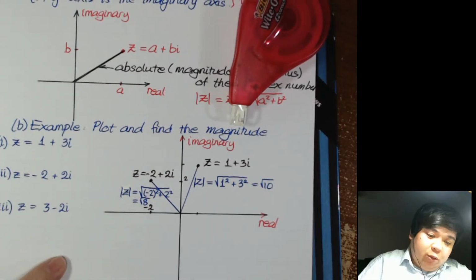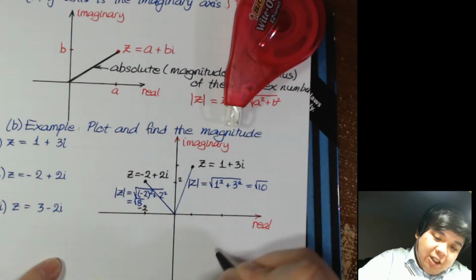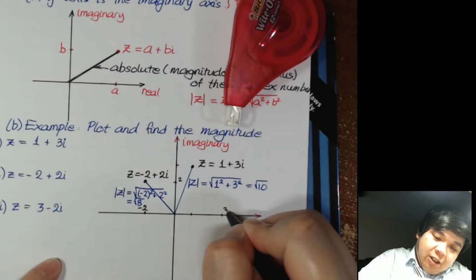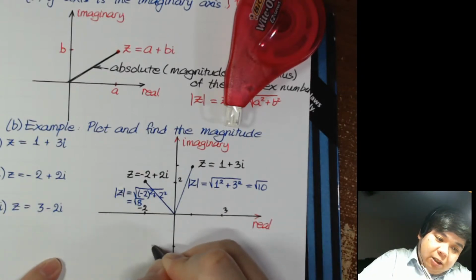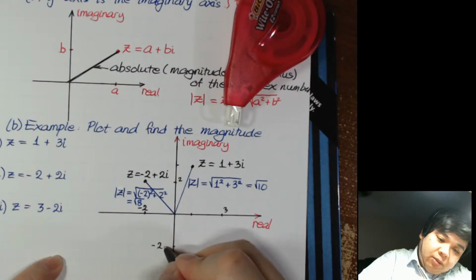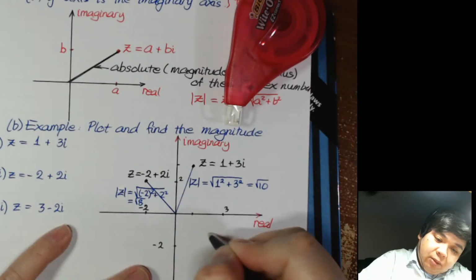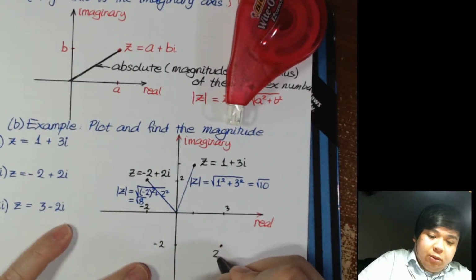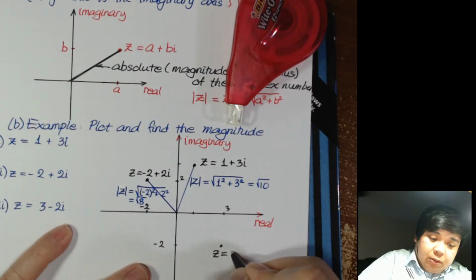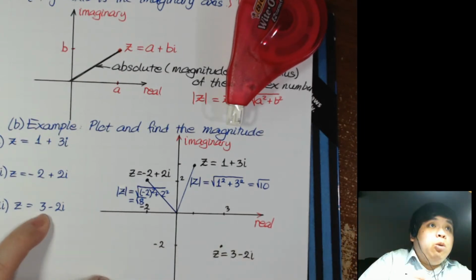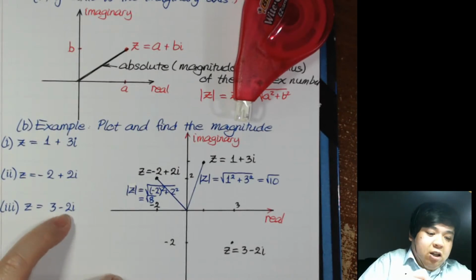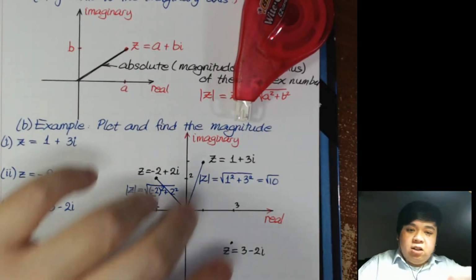And next we have 3 and negative 2i. So the real part is on the x-axis, the imaginary part on the y-axis.